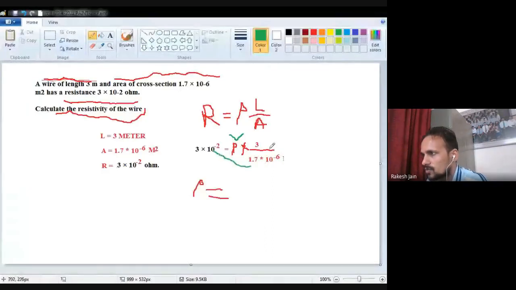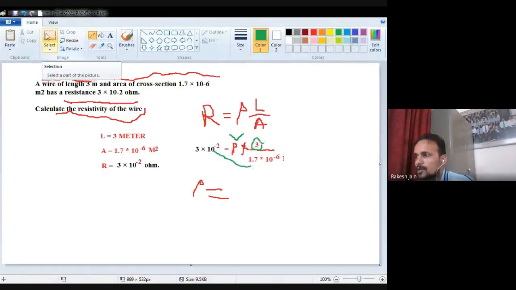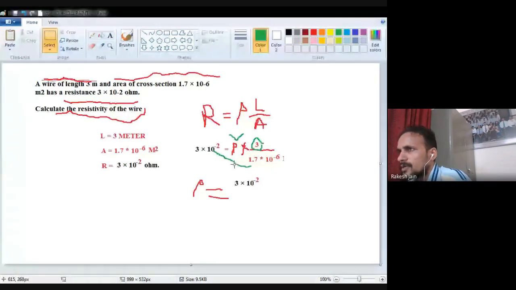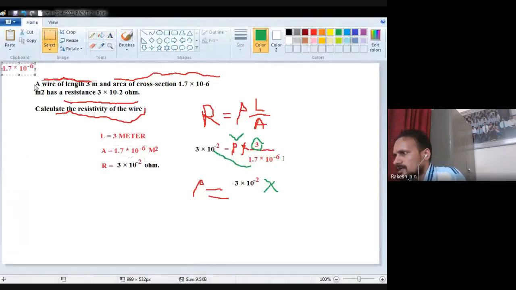Our rho is equal to 3 multiplied by 10 to power minus 2 multiplied by 1.7 into 10 to power minus 6, divided by 3.